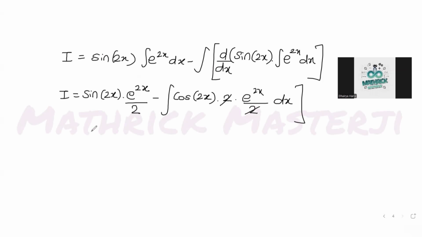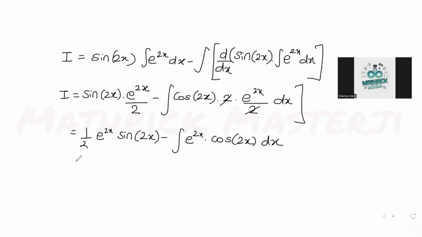This 2 and 2 cancel, and I get half e raised to 2x sine 2x minus the integral of e raised to 2x cos of 2x dx.